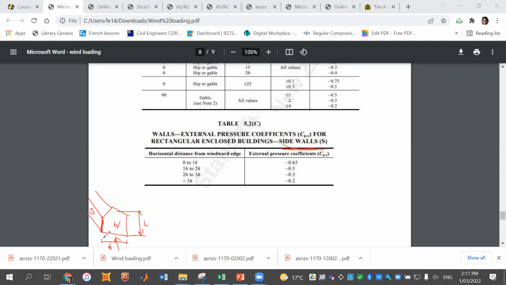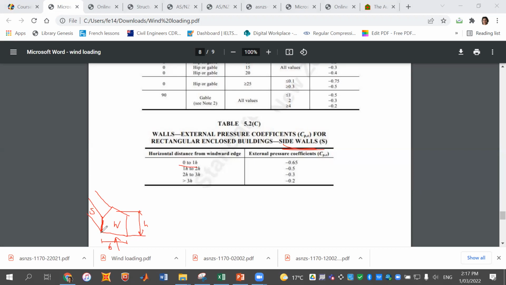What you need to know is the distance of that part of the side wall from the edge of the windward wall. It depends on the height.